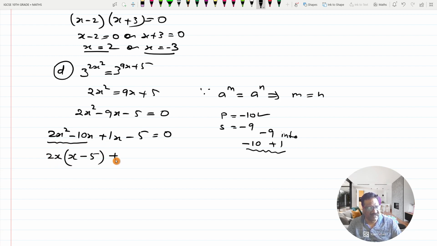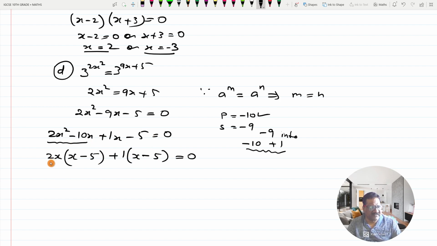From here, I'll take 1 out and I should get x and then, this will be minus 5, because I want a minus over here. If you are doubtful, you can always open this bracket and check whether you get the previous step or not. Definitely you should get it.